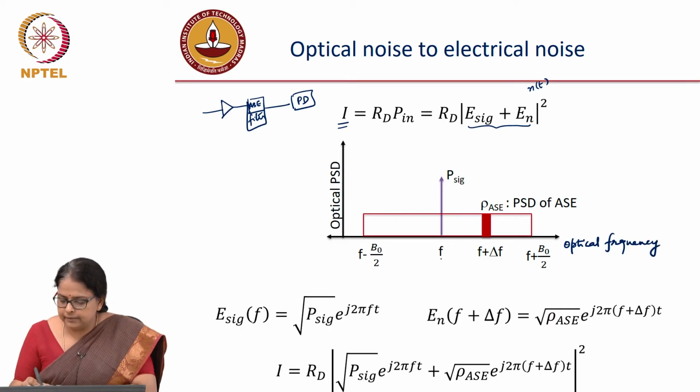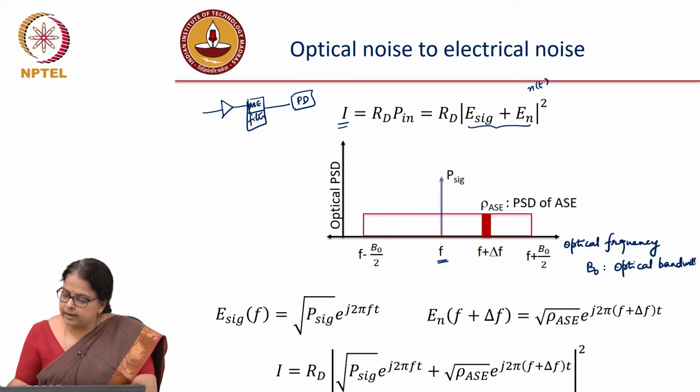The center frequency of the signal is denoted as f. The big red square tells you the band over which I have the amplified spontaneous emission, and this bandwidth is from f minus B_0 by 2 to f plus B_0 by 2. Now this B_0 is the optical bandwidth.